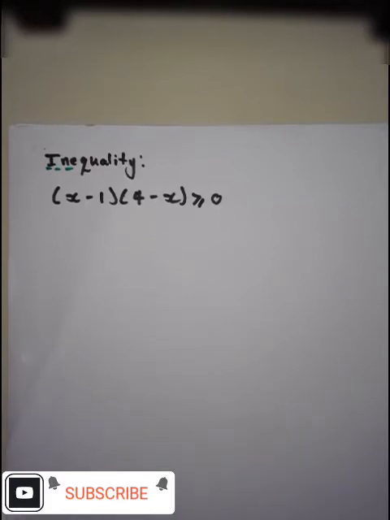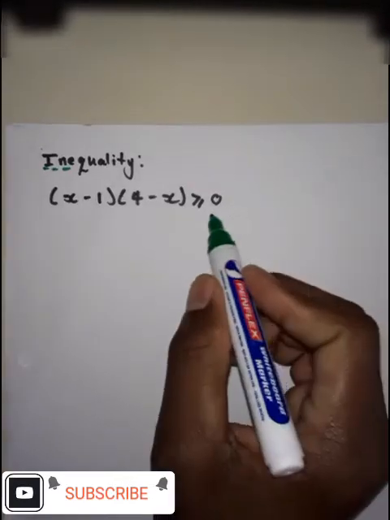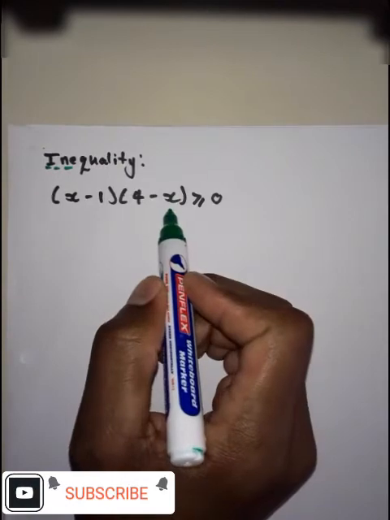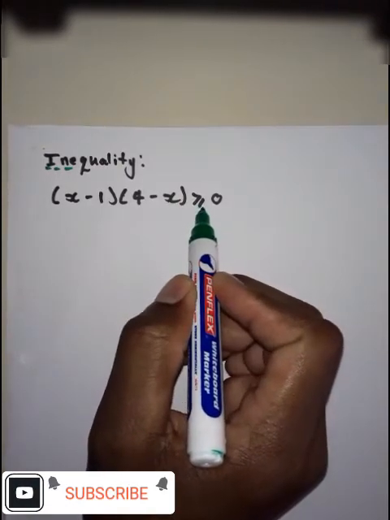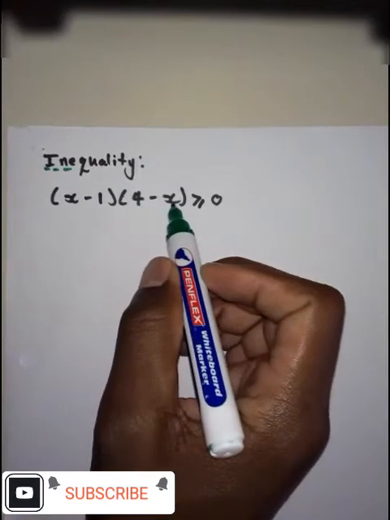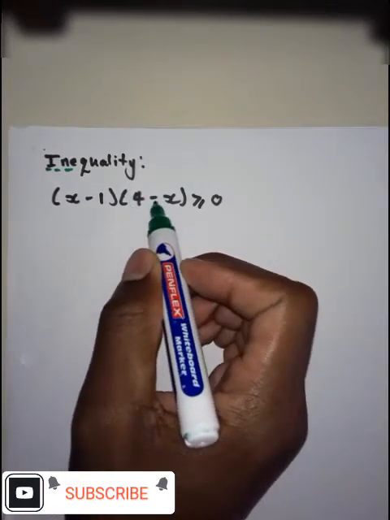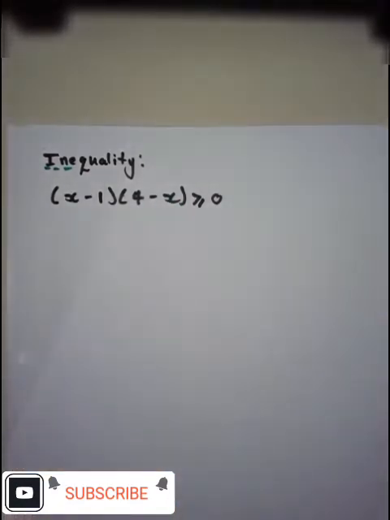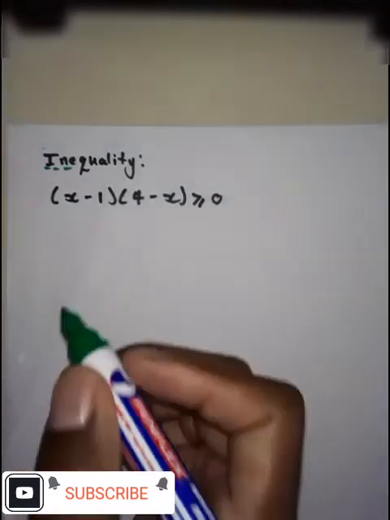Expressions means that we don't have an equal sign, and inequality means that this side is not equal to this side. So if it is saying find the value of x, actually they want you to find the values of x that will make this expression less than 0. So we want something here that is going to make this less than 0 and also make this less than 0, right? So you are doing the same thing.